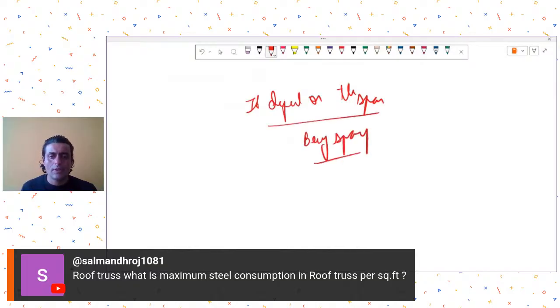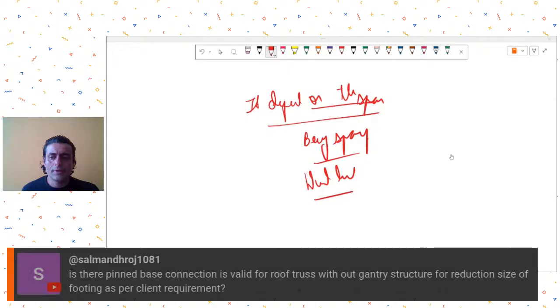It will depend on the wind loads, and on the clear spans, as I have already said. It will depend on so many factors, so there cannot be any pinpoint value that I can give you.